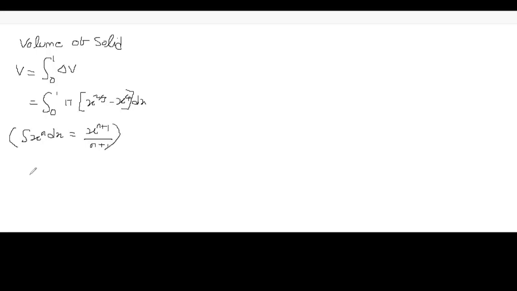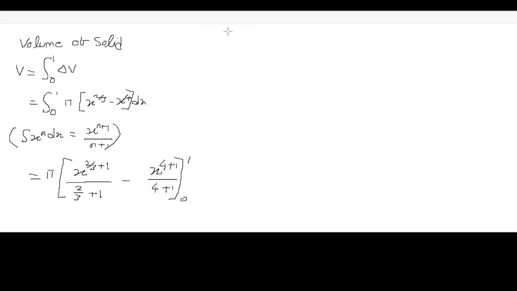We'll get pi times [x to the power (2/3 plus 1) divided by (2/3 plus 1), minus x to the power (4 plus 1) divided by (4 plus 1)], and the limits are 0 to 1.